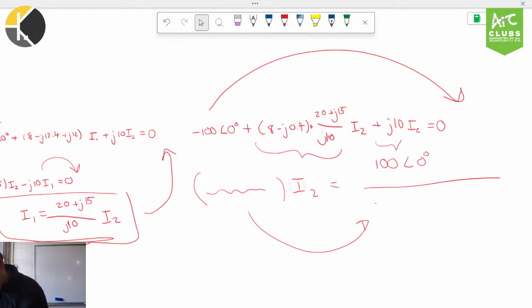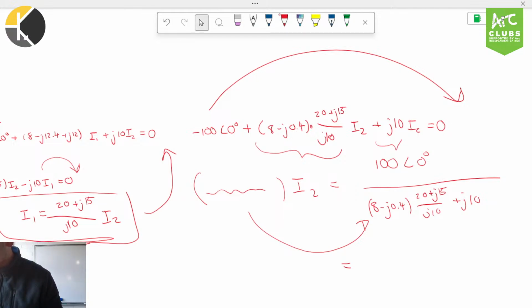Cool. So then that's 8 minus J0.4 over 20 plus J15 on J10 plus J10. And that gives us an answer of 3.46 with an angle of 67.2 degrees amps. Cool.